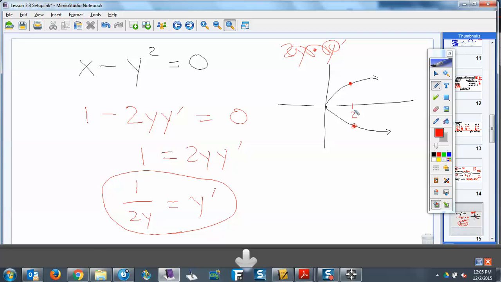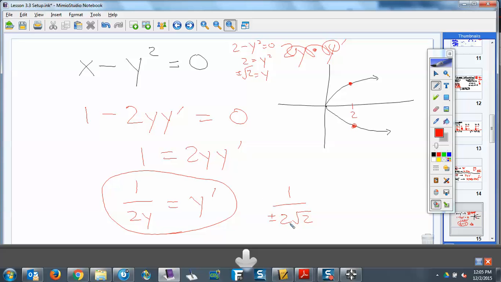I have to put a 2 in for x where? Back in the original, right? So I'm going to put a 2 up here for x. So I got 2 minus y squared equals 0. I got 2 equals y squared. I got y equals plus or minus root 2. So what I'm going to get here is 1 over plus or minus 2 root 2, right?